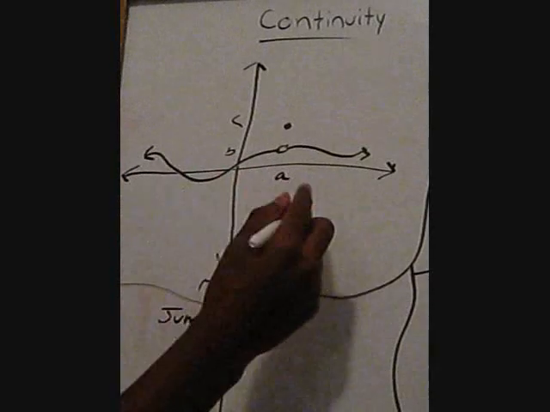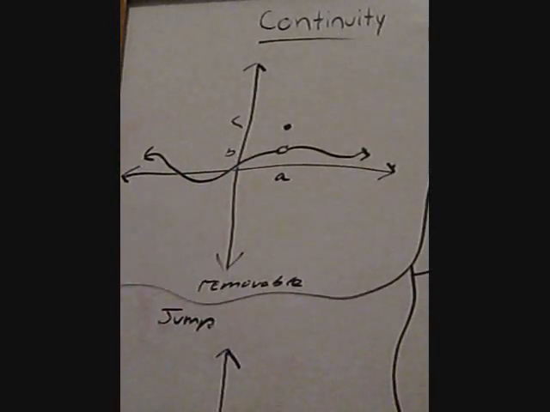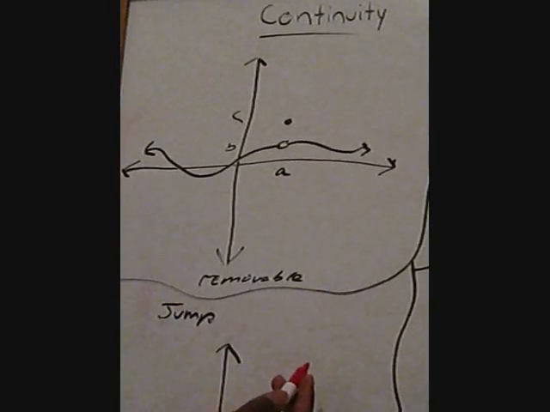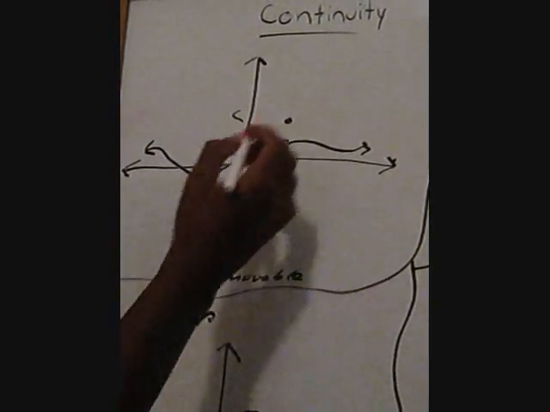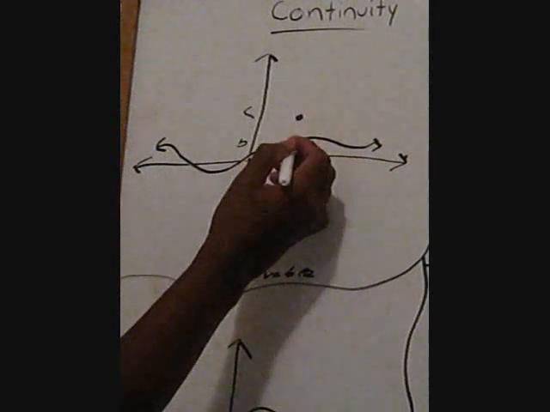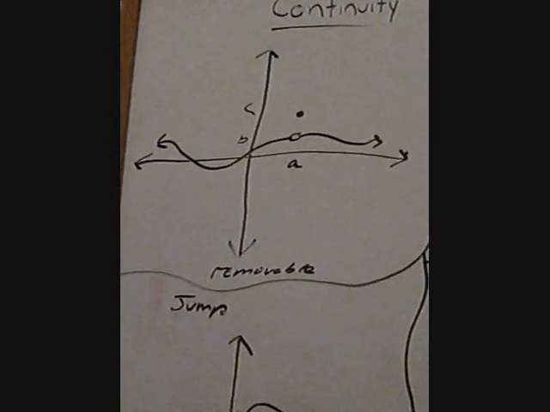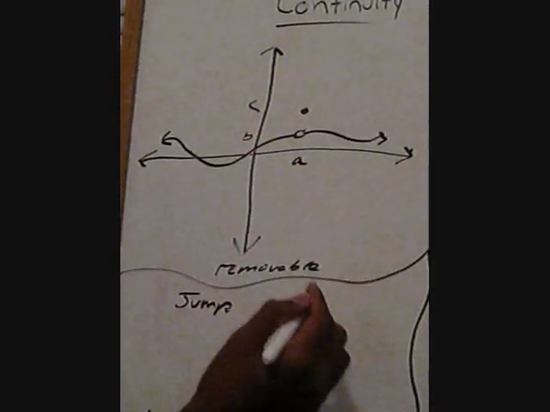And if the function is rational, which this would work for all rational functions, by simplifying that function, you'd be able to move this point back into here, basically, to make the function continuous.